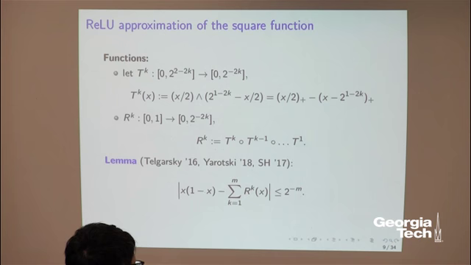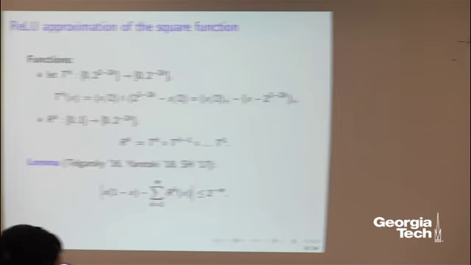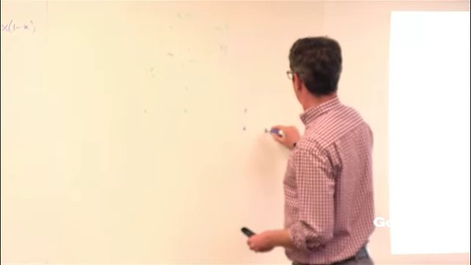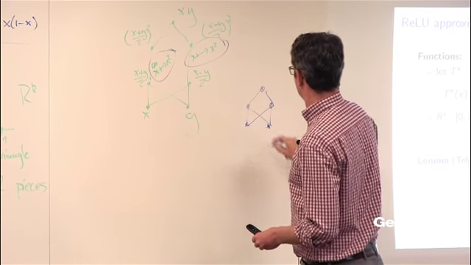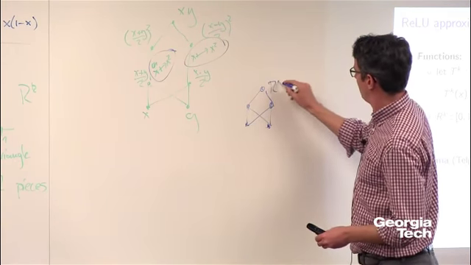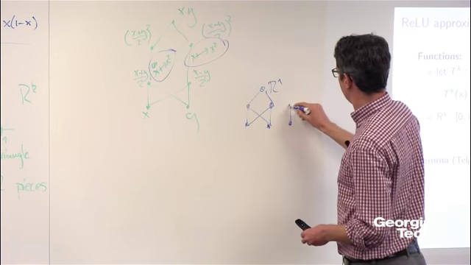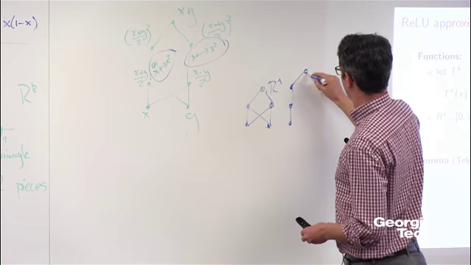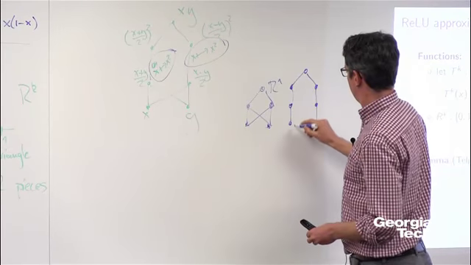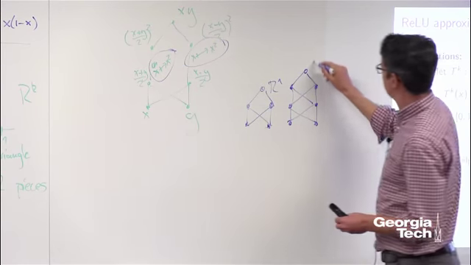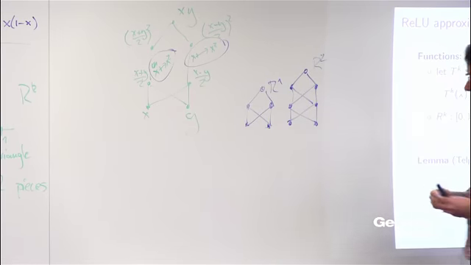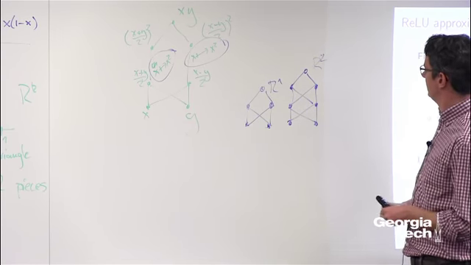What I mentioned about why the ReLU is so attractive is that you have different networks. Say this network builds the function R_1, and this network builds the function R_2. And they have different depth, right? We know that for R_k you need k hidden layers.